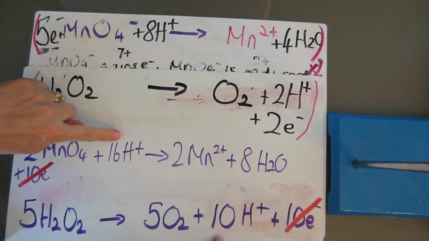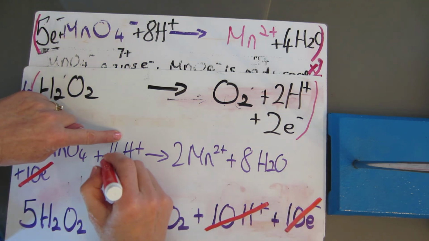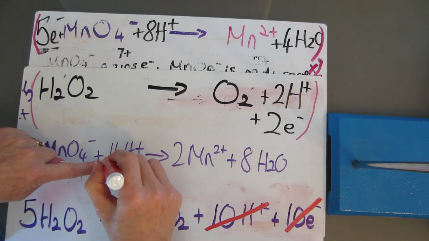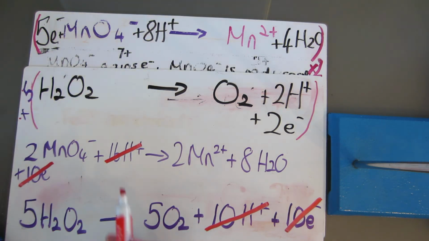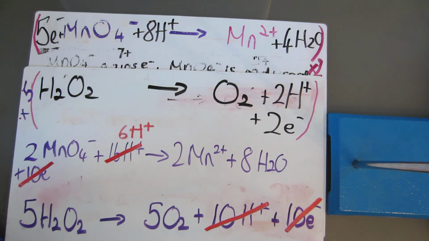It's actually H plus ions. I can simplify it. I can get rid of the 10 H plus ions. So how many H plus ions would you have left over? 6 H plus.